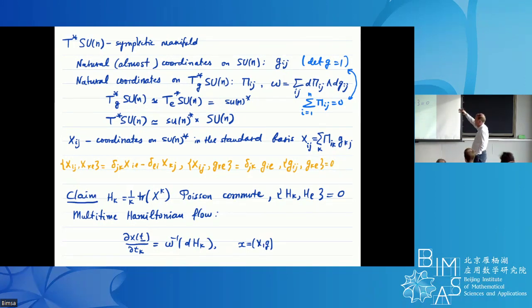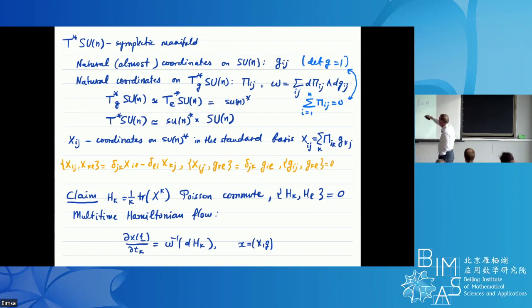This is the group of unitary matrices with the condition that the determinant is 1. Then matrix elements g_ij of these matrices are almost coordinates on SU(N). If it were U(N), without the determinant condition, these would be coordinates, again, really almost.